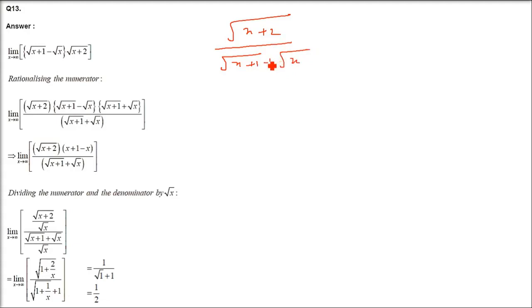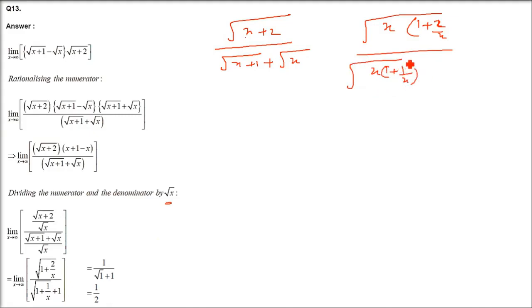Now how do we do this? You can take x common from inside, because we can see that the numerator and denominator can be cancelled. Either you do this, or you can also take root x. How to do this? First take x inside the root common: 1 plus 2 by x, and here you have x common, so 1 plus 1 by x inside.